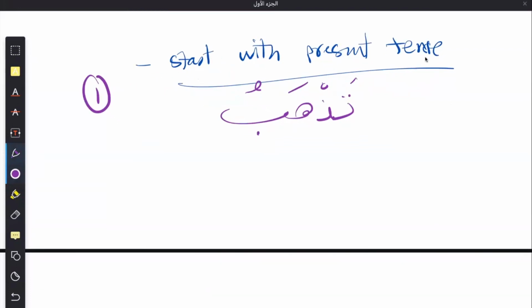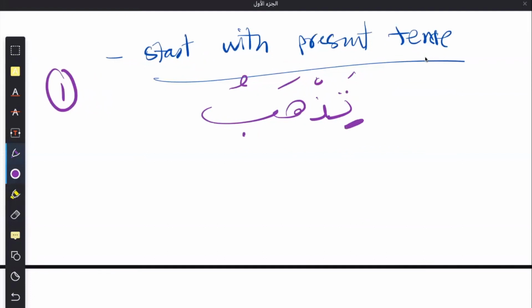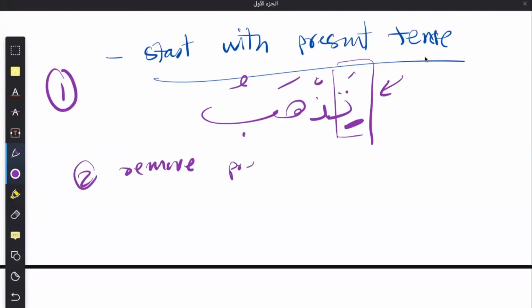Next step is that you are trying to make it into a command verb. This ta that you have, the first letter, only belongs to who? It only belongs to present tense. So you remove that present tense letter, which is basically the first letter, right?